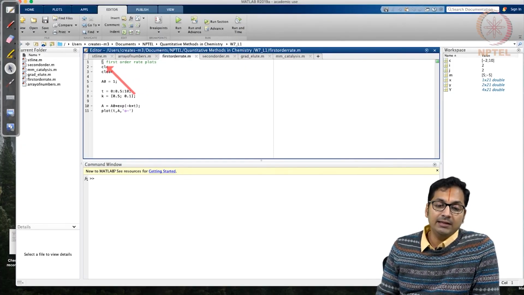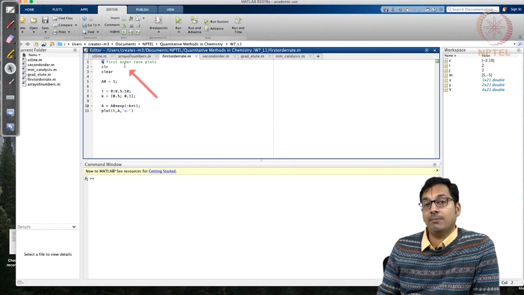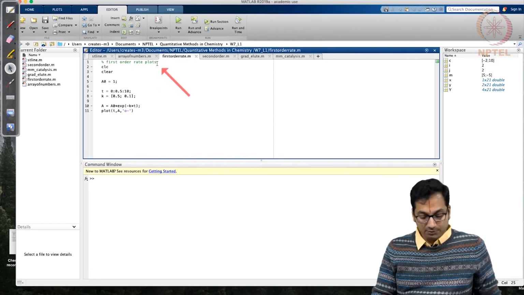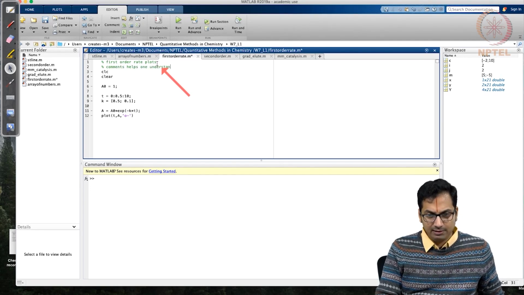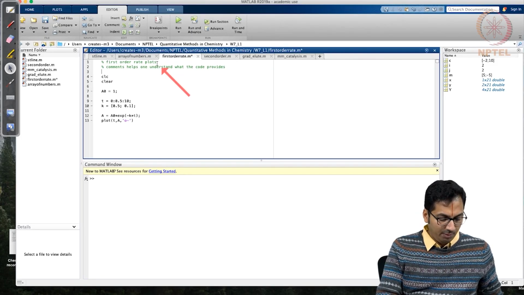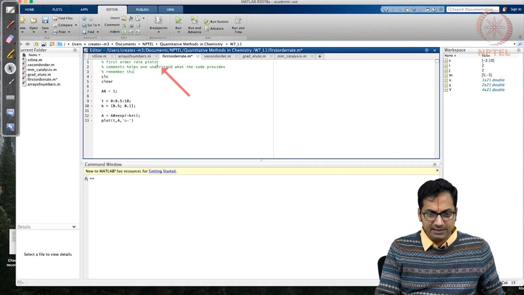As always, anything that starts with a percentage sign in MATLAB indicates a comment. So you can always add more comments to it. Comments help one understand what the code provides. Remember, this has to be put in by the coder.